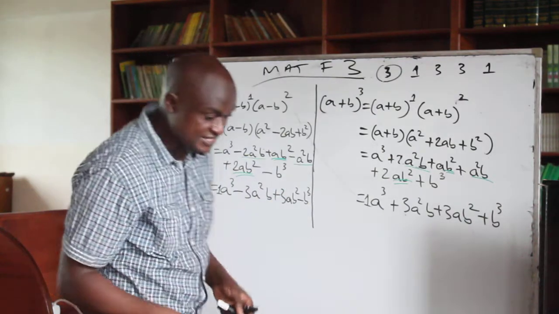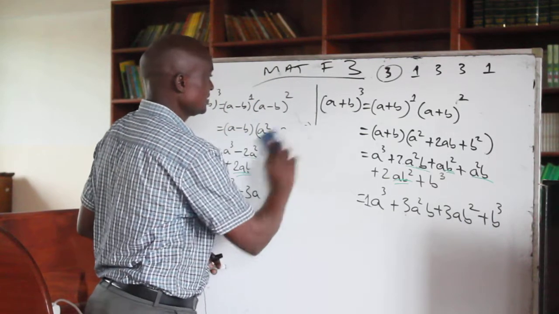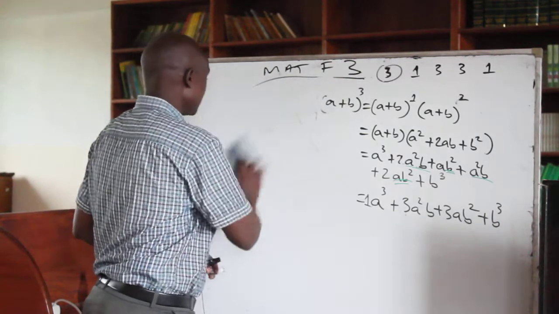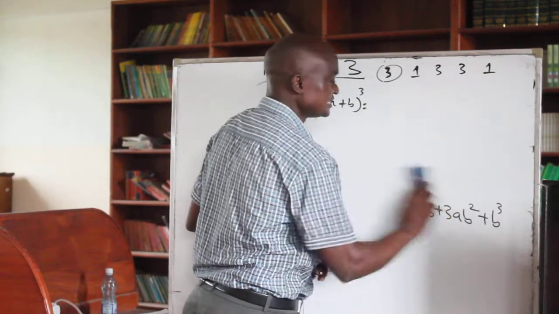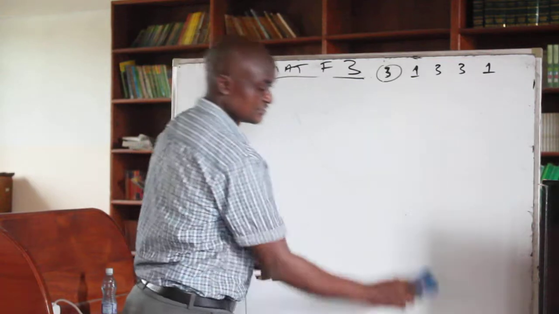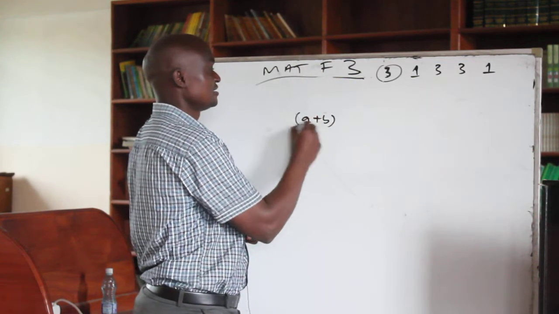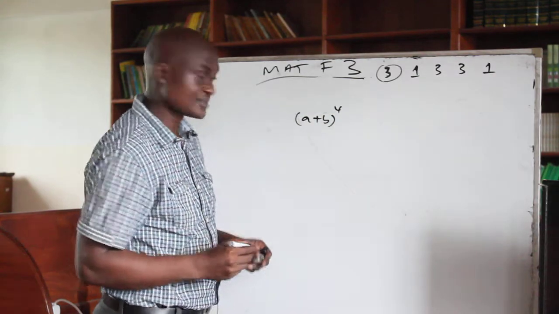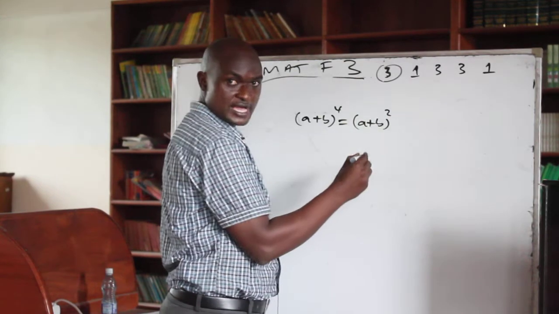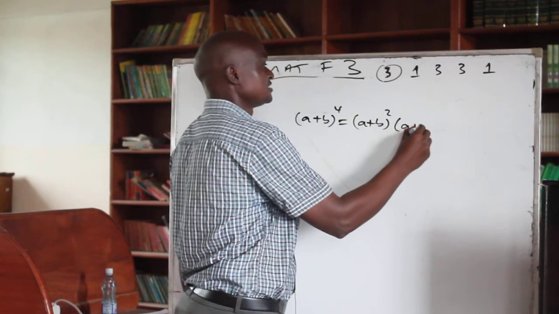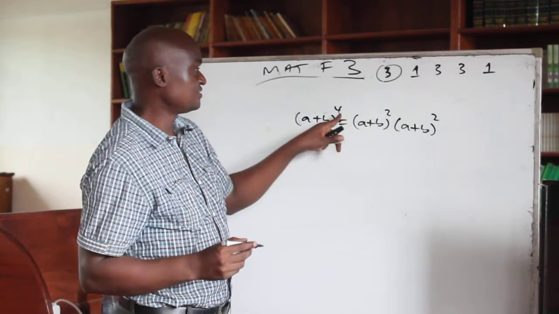Let's see if the same is true for power 4. Now that we know if it is negative, it keeps on alternating, this will be a bit easier. So what is a plus b raised to power 4? It is the same as a plus b squared times a plus b squared, because 2 plus 2 will give us 4.